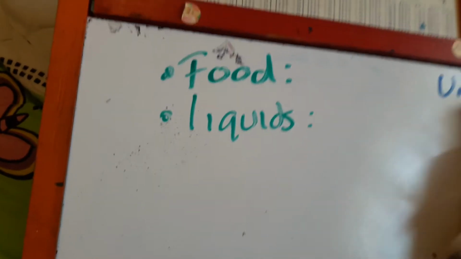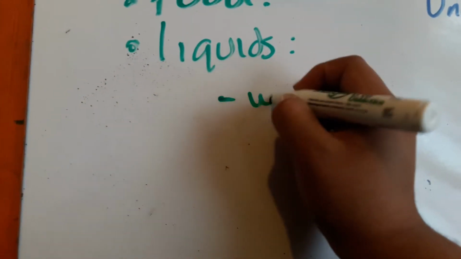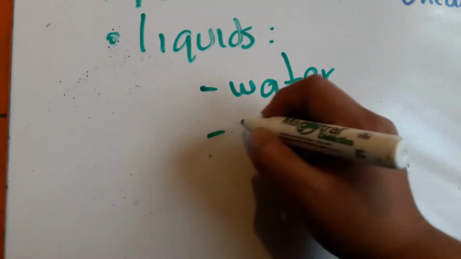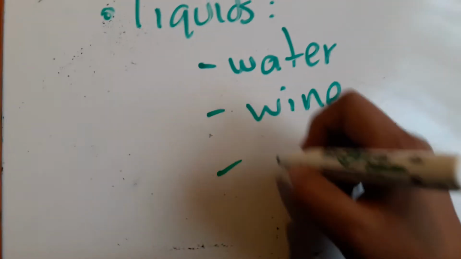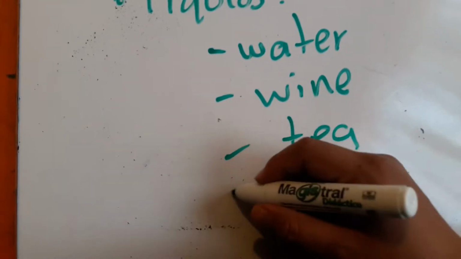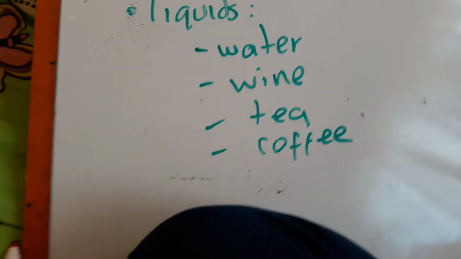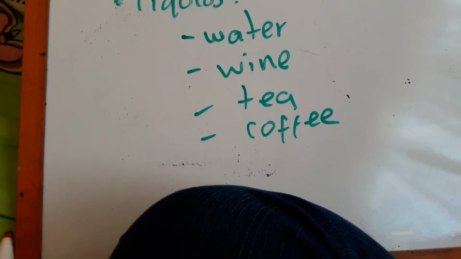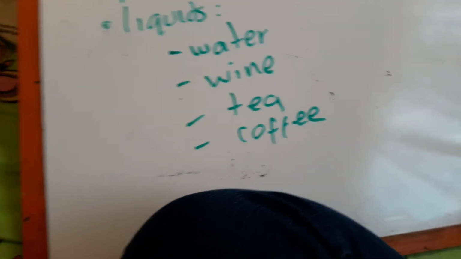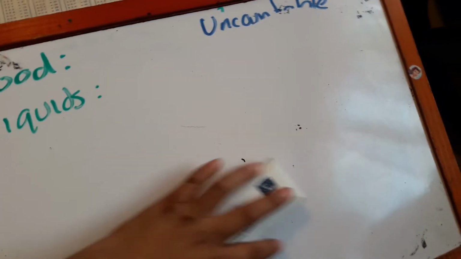Liquids. Liquids like water, wine, tea, now coffee, and all of that, okay? Then with abstract nouns. Here we have another one.